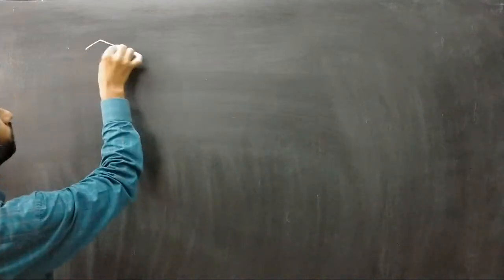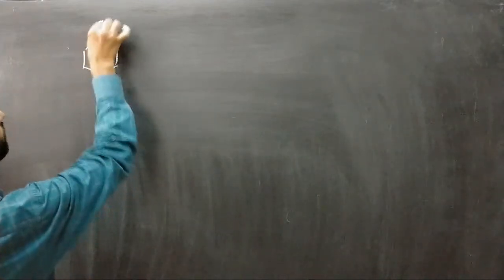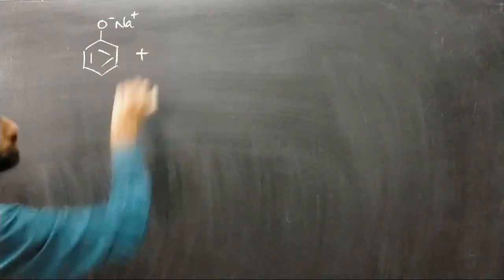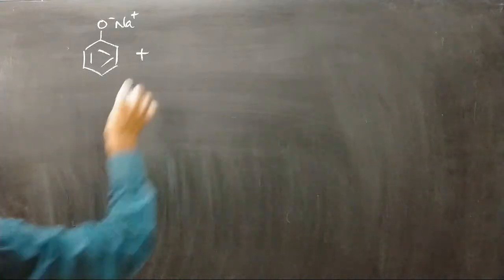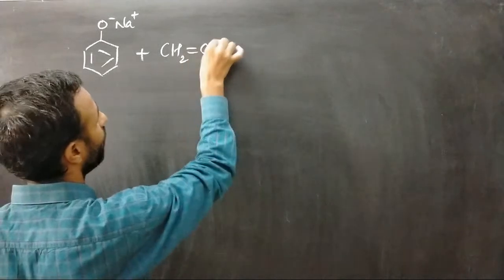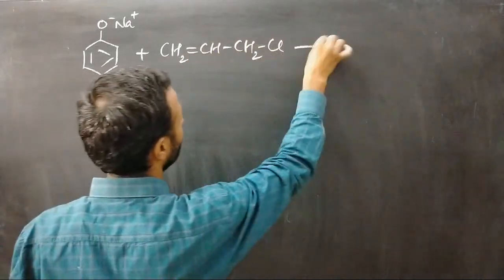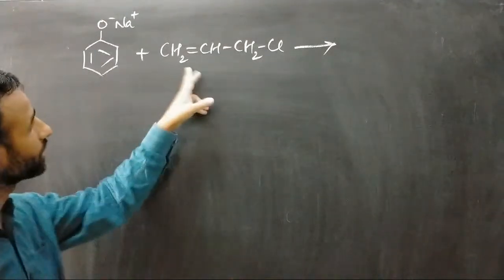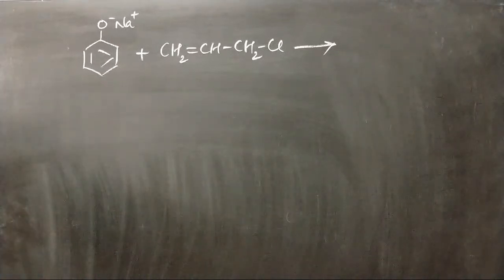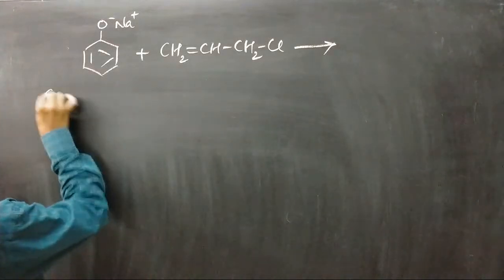Now, next, tell me, if we have the sodium salt, what is the name of this compound? And the common name of this. Write the name of both first and then we will proceed. What are the common names of these two? Yes, it is sodium phenoxide. Okay, good.